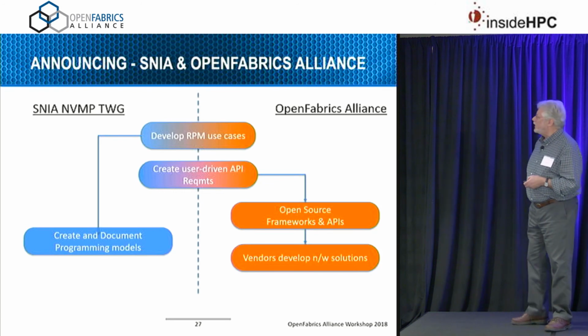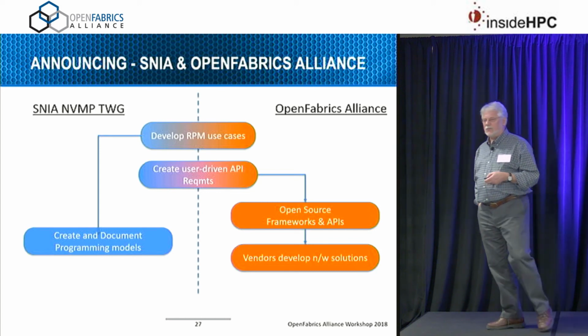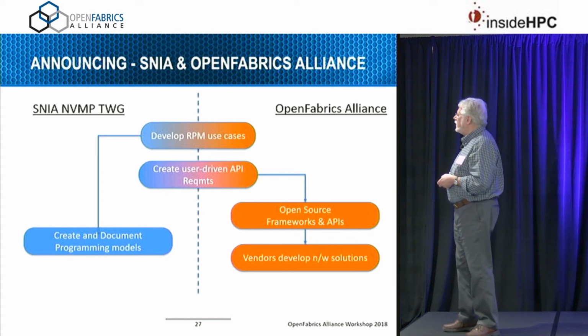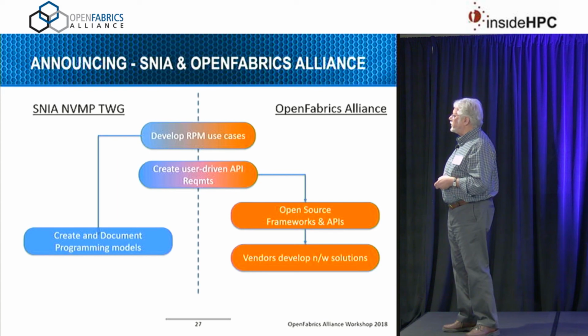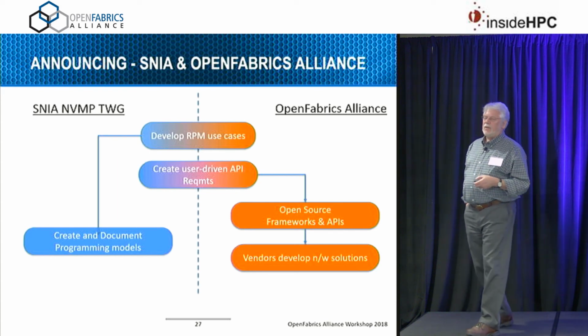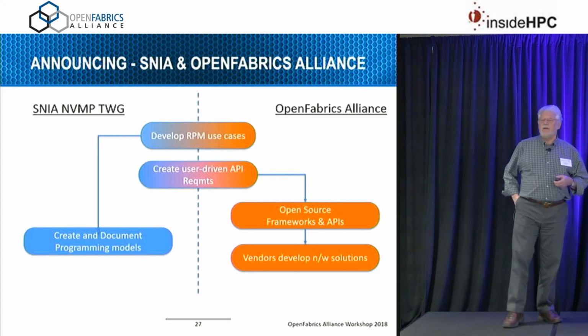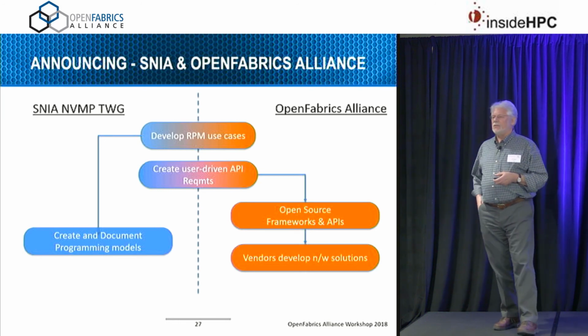And what we're going to do is cooperate by looking first at developing RPM use cases, if you will. And out of that should come from SNIA a set of white papers describing the relevant programming models related to those use cases. From those use cases comes a set of requirements. And if you've been part of OFIWIG in the past, you know that we're rabid about being driven by requirements.